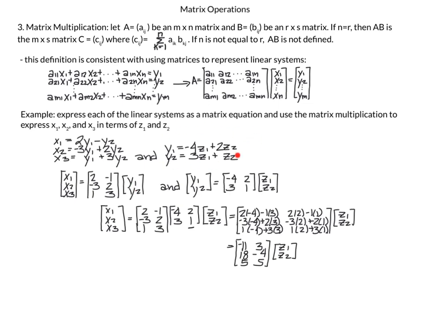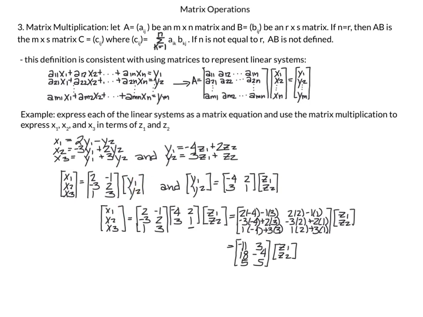My second linear system is y1, y2 is equal to my coefficient matrix, negative 4, 2, 3, 1, times my unknowns, z1 and z2. Now, if I want to express x1, x2, and x3 in terms of z1, z2, I can plug in this matrix, the coefficient matrix times z1, z2, for y1, y2 over here.